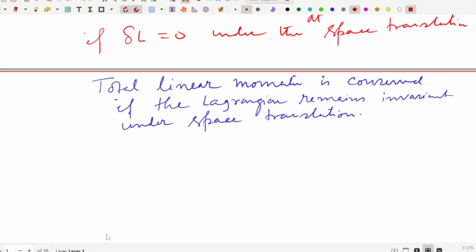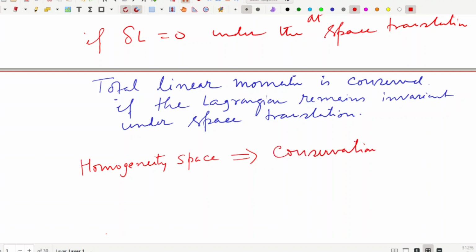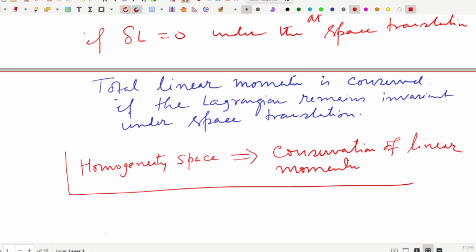Okay. Homogeneity of space implies the conservation of linear momentum.